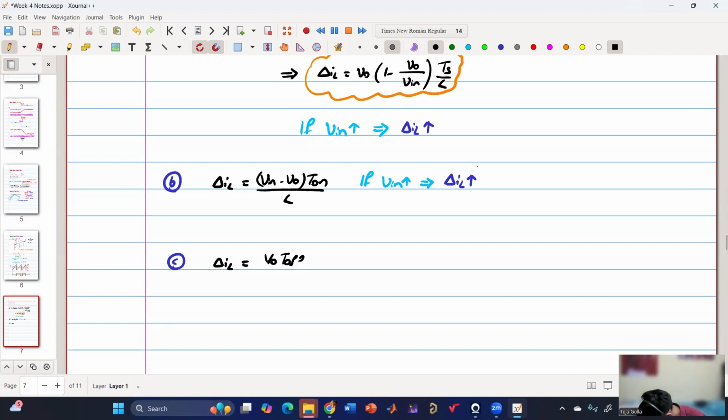So here, what happens if V in increases? Insensitive to V in. Yes, so the ripple is independent of mean. So in this case, delta L is independent of V.